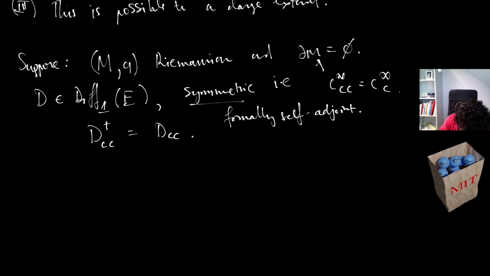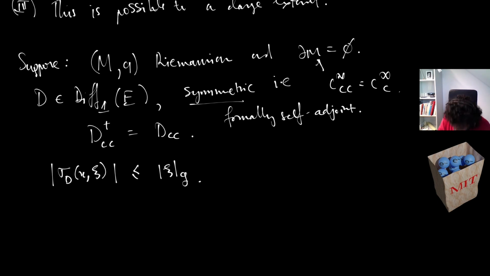So we also need to know that the principal symbol of this operator, in this particular case, is bounded in terms of psi of G. Okay, so this is the operator norm.